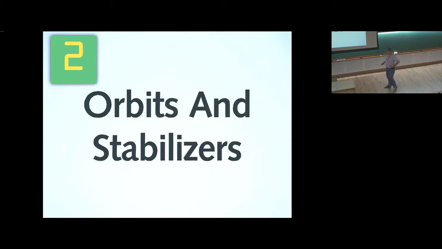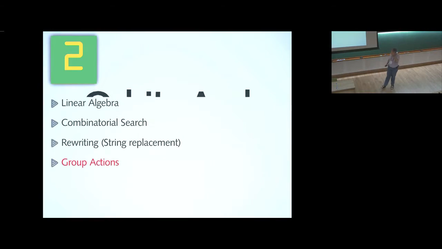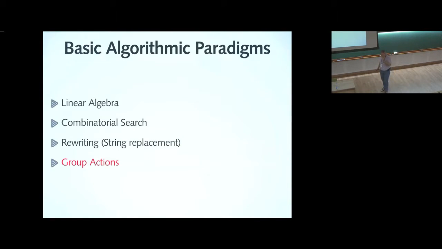So, my second chapter is about orbits and stabilizers. If you look at basic algorithms which exist, there are some things you know already, and there really isn't fundamentally that many paradigms of algorithms for algebraic computation.